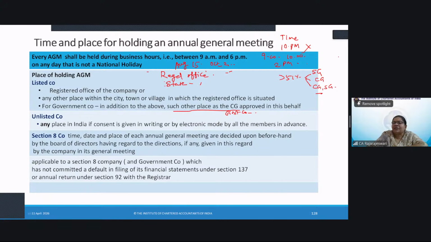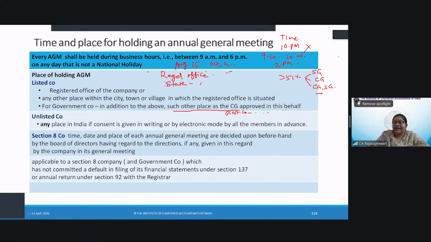Then it is a government company. So in that case, the central government can give an approval for holding the AGM at a place. Even in that place, you can hold the AGM.